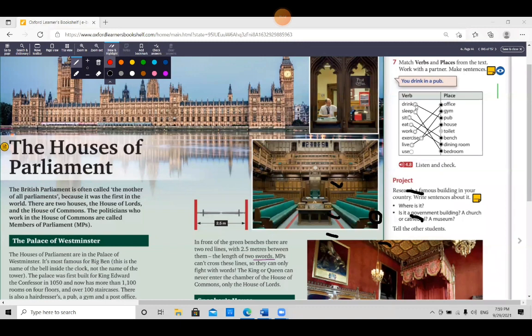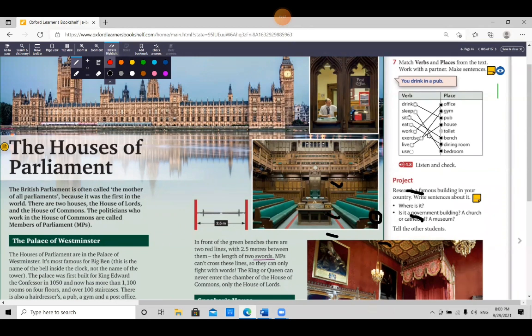So, look please with me at number 7, drink, pop. Pop is a kind of drink. It's like alcohol or something similar. So drink, pop, okay? Sleep in the bedroom, sit on a bench. Bench is like a sofa or seat.